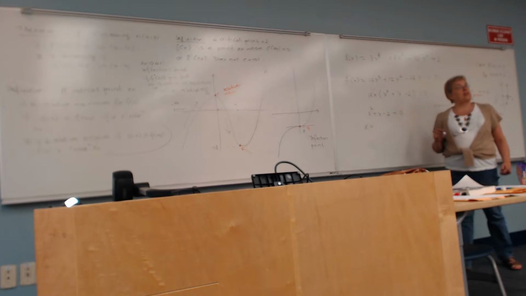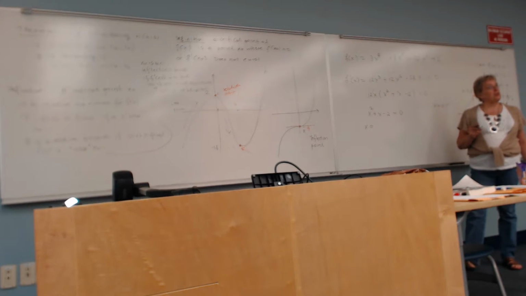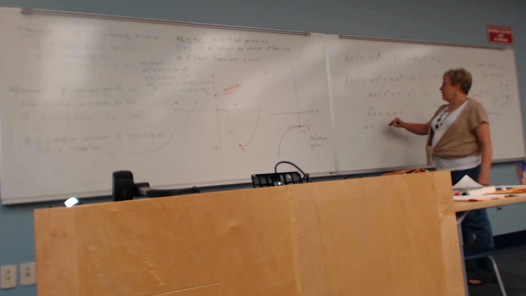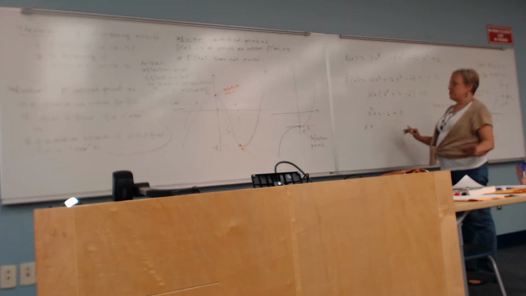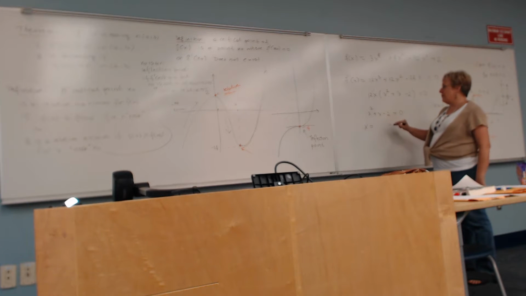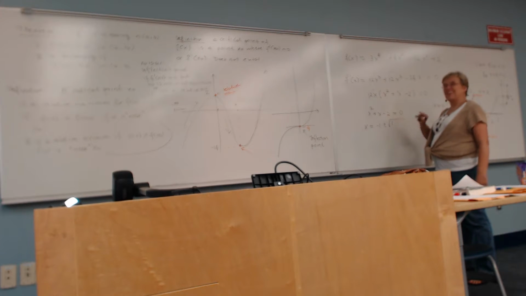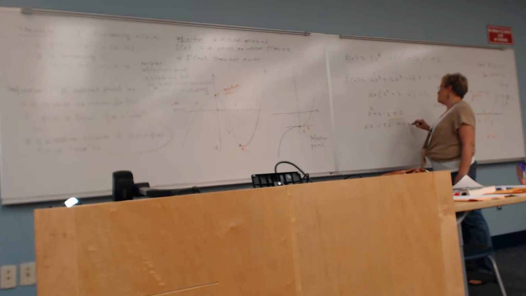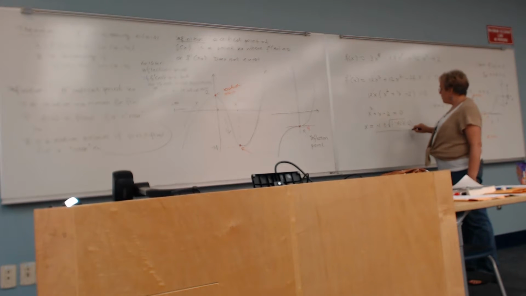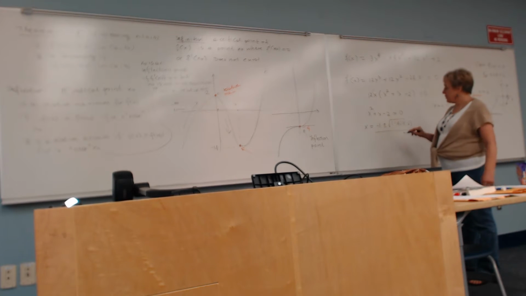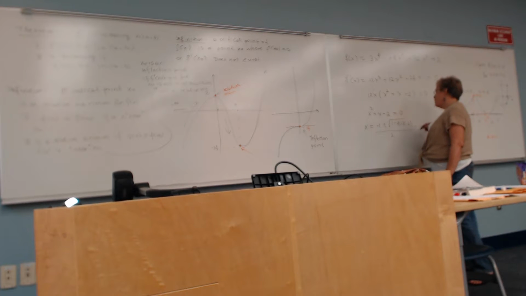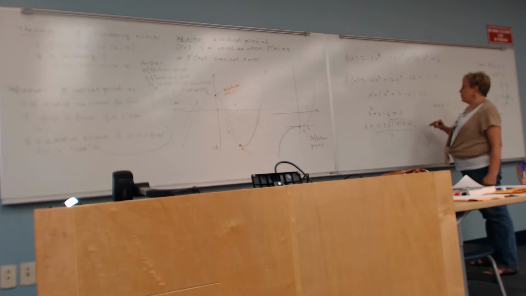I don't want the solutions, I want the quadratic formula: negative 1 plus or minus the square root of 1 squared minus 4 times 1 times negative 2, all over 2.